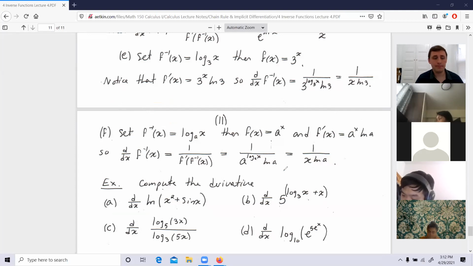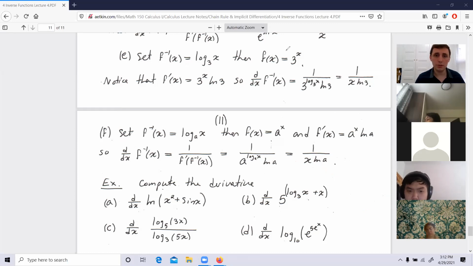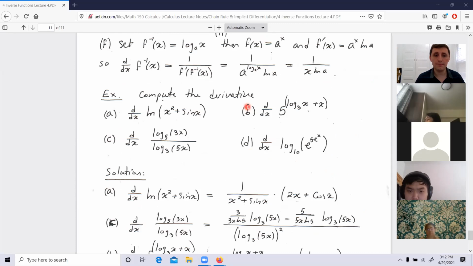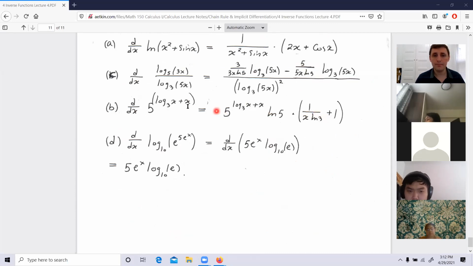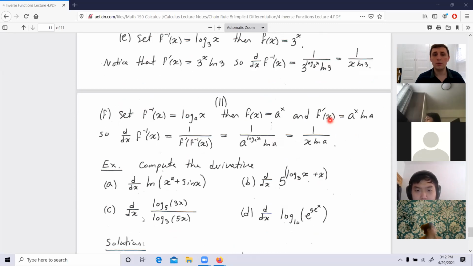For B, what's the derivative? The derivative is 5 log base 3 of x plus x times ln 5 times 1 over x ln 3 plus 1. Yeah, I'll show you more precisely. Here it is in B. You see this line? All right, do C and D, please.